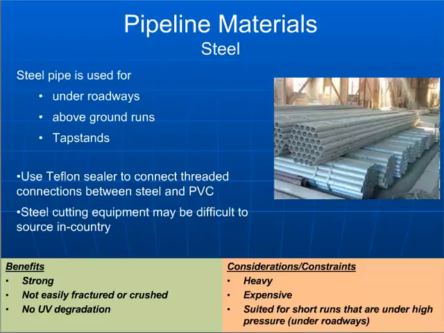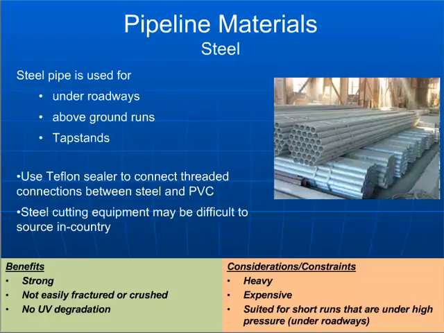Steel pipe tends to be very expensive. You typically would only use steel pipe if you're trying to go underneath a roadway where you might be concerned about vehicle or traffic loads that would be potentially damaging to a plastic pipe.